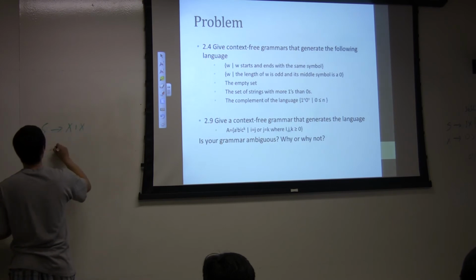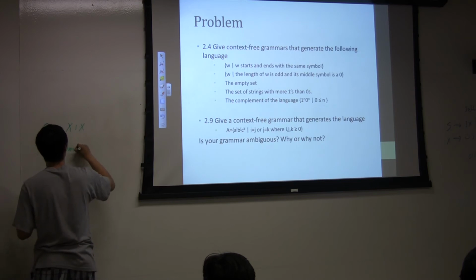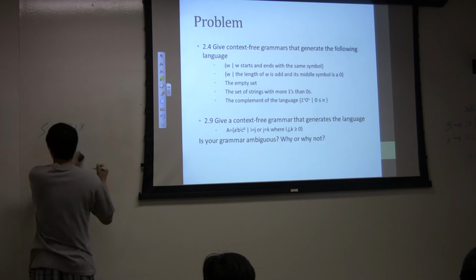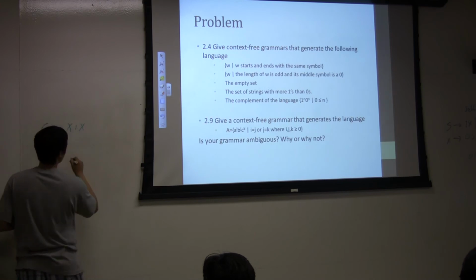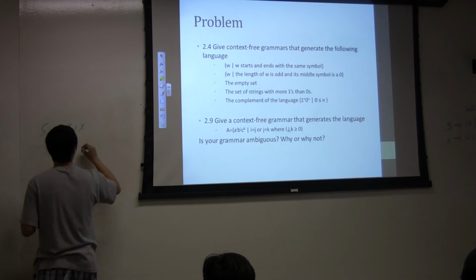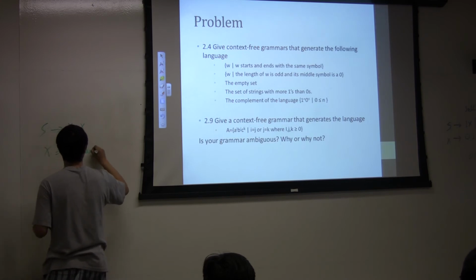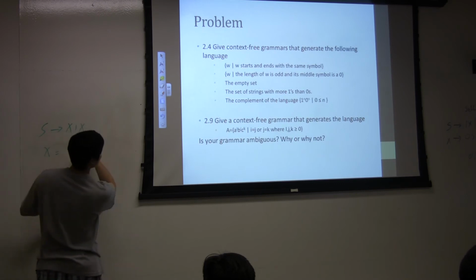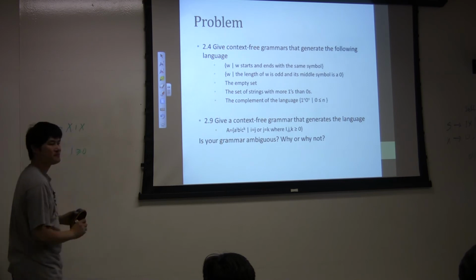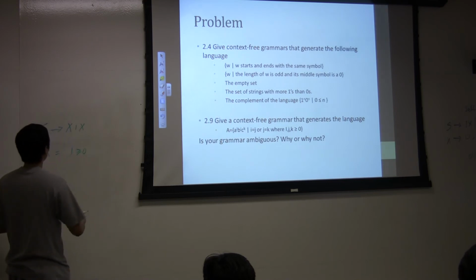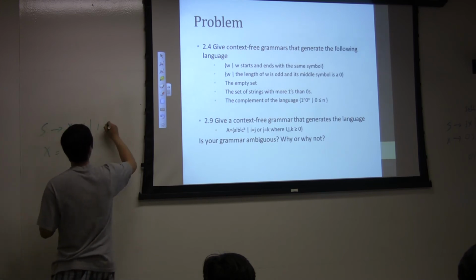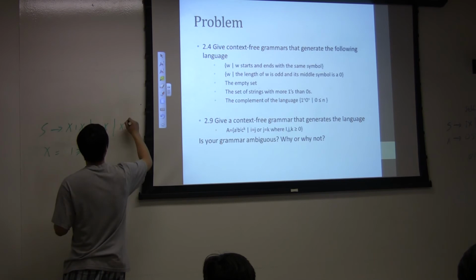Let's say X stands for, okay, let's do it the easy way: the number of 1s is greater than or equal to the number of 0s. So it's either in this way, or this way, or this way.